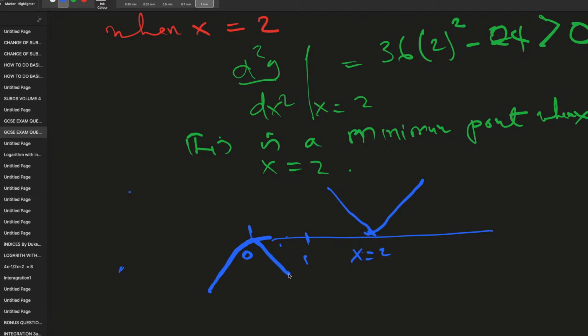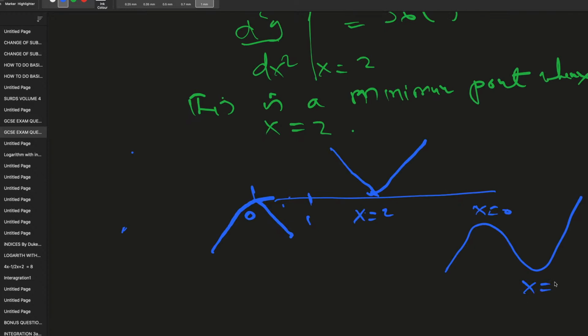It's a cubic curve, something like that. So this is the minimum point, this one is when s is equal to 0, and this is when s is equal to 2. So there's the maximum point and the minimum point. x equals 2 was greater than 0, so this is our minimum point, and this is our maximum point.